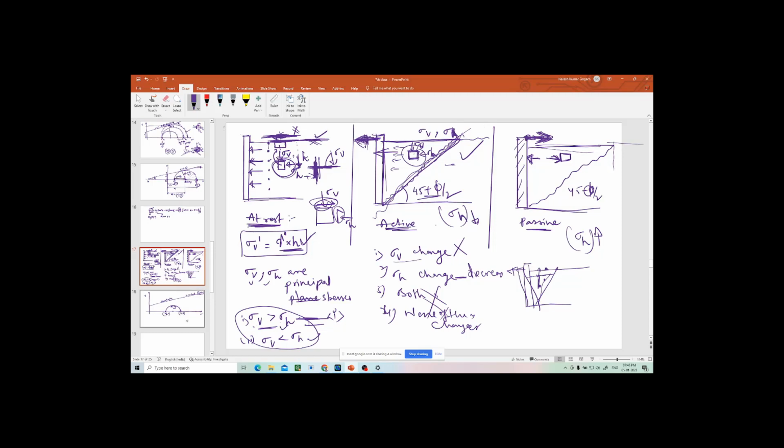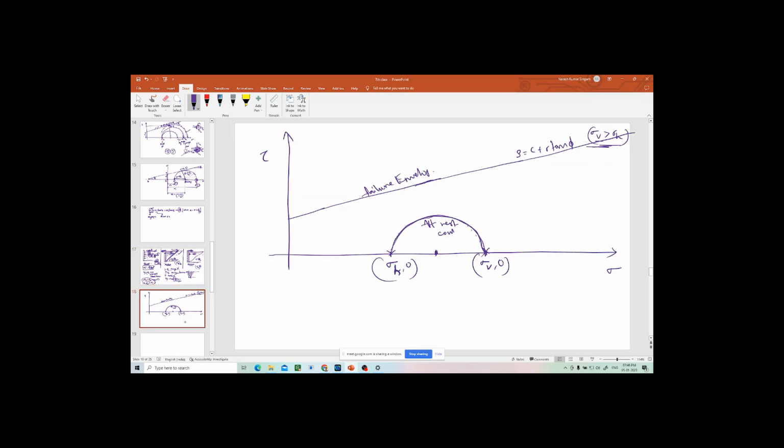Now coming to this diagram, at the at-rest condition, the Mohr circle is there and the soil has not failed, that's why it is well below the failure envelope. But in active and passive, the soil fails at one point. At that point, we will draw the Mohr circle now.